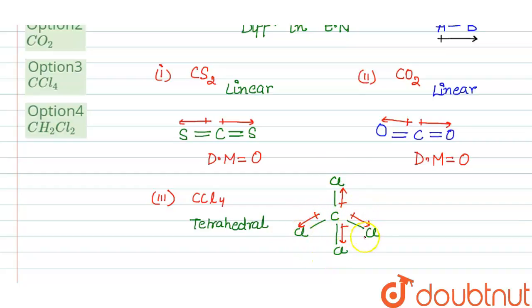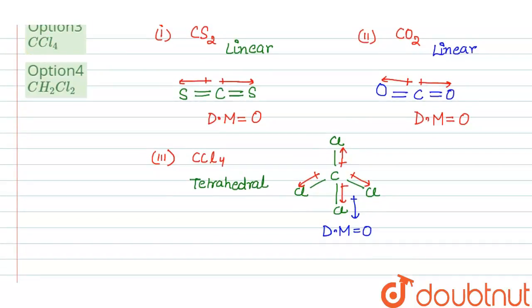So the net dipole moment from these three chlorine will be in the downward direction. So this dipole will get cancelled out from the dipole of this chlorine, and the overall dipole moment for this molecule will be 0.